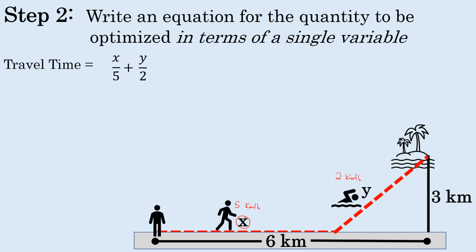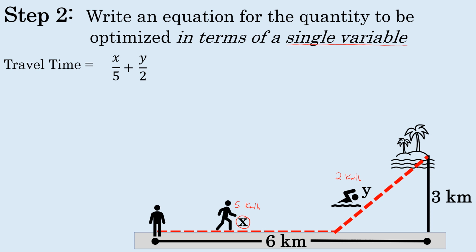That's where the 2 comes in. This is not yet in terms of a single variable. We're going to have to do some math to rewrite this equation in terms of a single variable. We could write this equation in terms of x or in terms of y, but it has to be one or the other. It has to be a single variable.